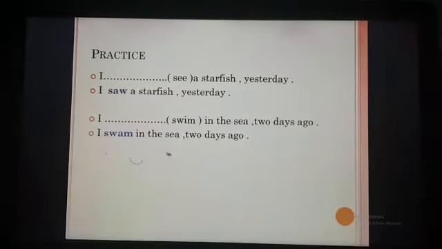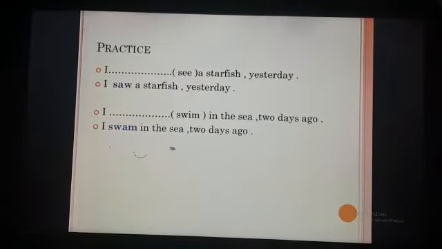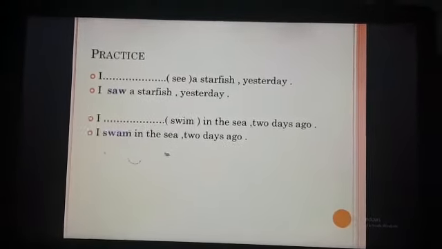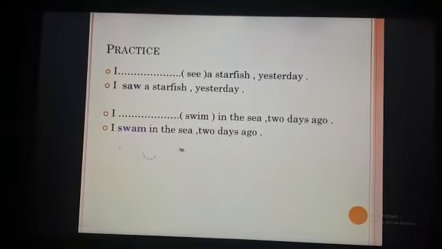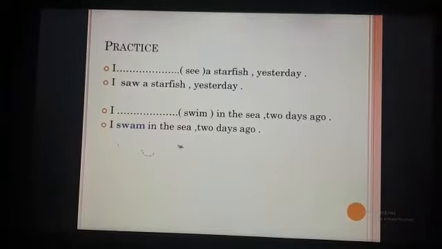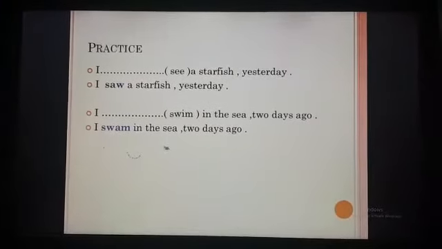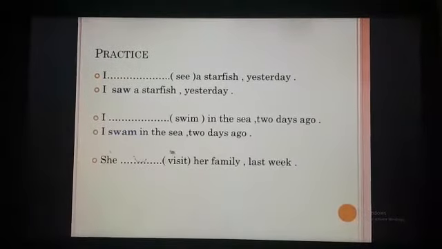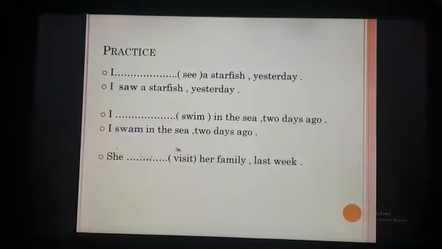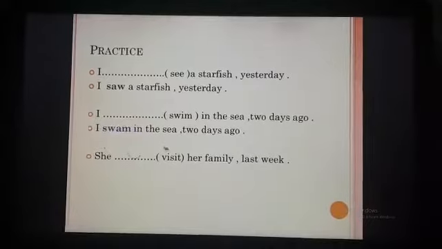I swam in the sea 2 days ago. Excellent. Okay, is it regular or irregular? Excellent, irregular.